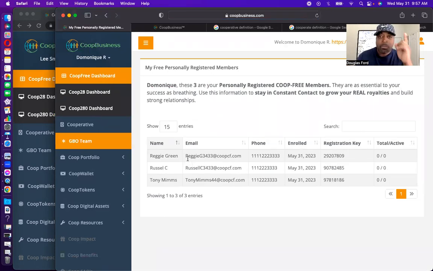Now, listen. As accounts open up after Reggie, you will continue to receive, and Lee is going to continue to receive. As accounts open up after Russell, more money is coming to Dominique, money comes to Russell, money comes to Dominique, money comes to Lee.